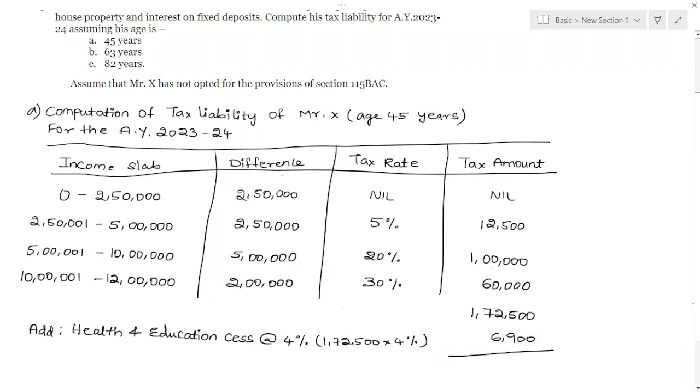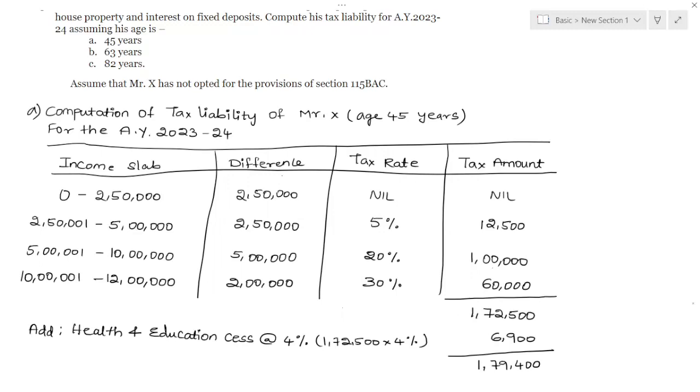Now once you add your tax, that is 1,72,500, plus health and education cess 6,900, you will get 1,79,400. This way you should solve the problem.